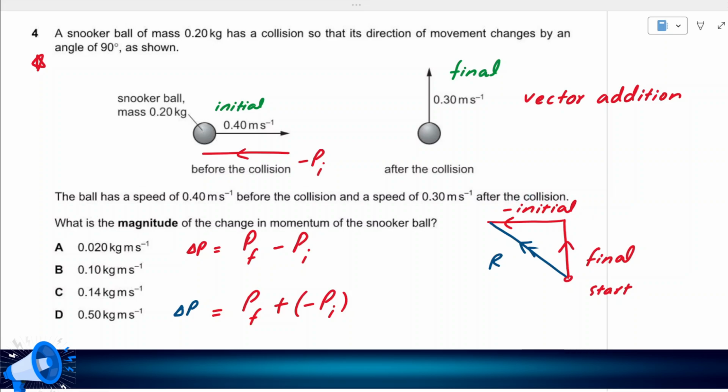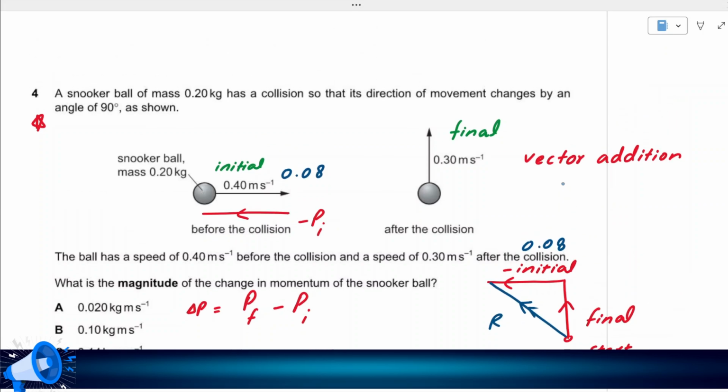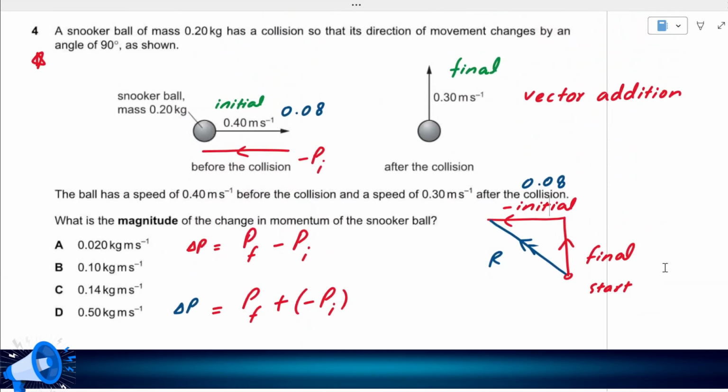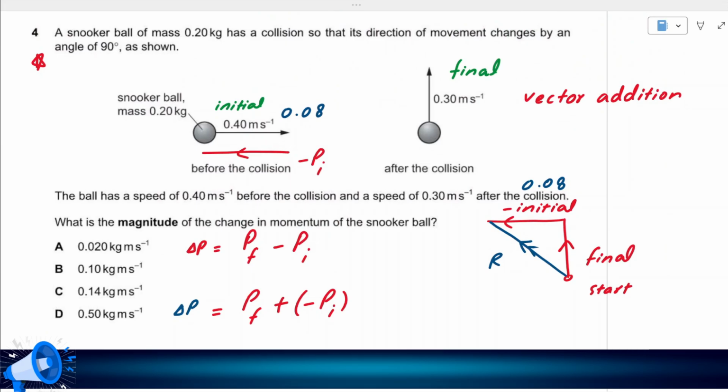So 0.2 times 0.4 would be 0.08. So this side is 0.08. And the second one is 0.3 times 0.2, so it would be 0.06, I think.